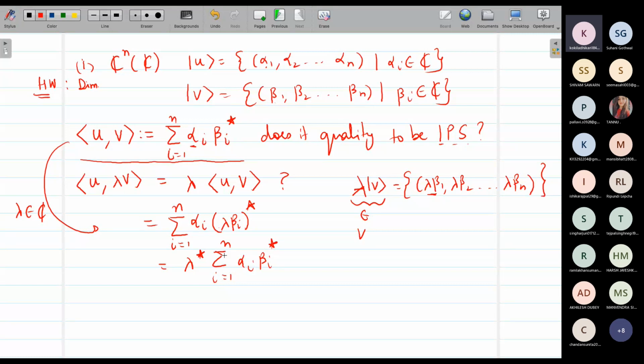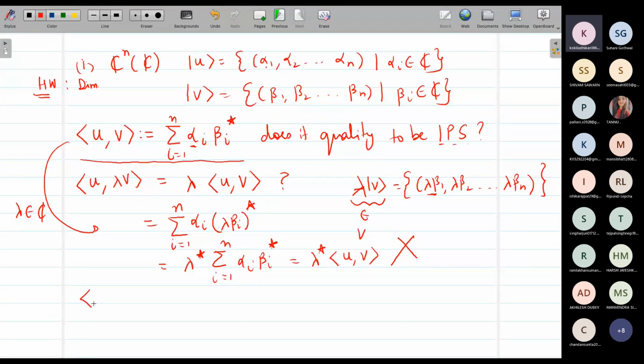So is this property valid now? This becomes lambda star times u comma v. Oh no, this is wrong, because now my property number 4 is not met. If any of the properties fails, it cannot qualify.